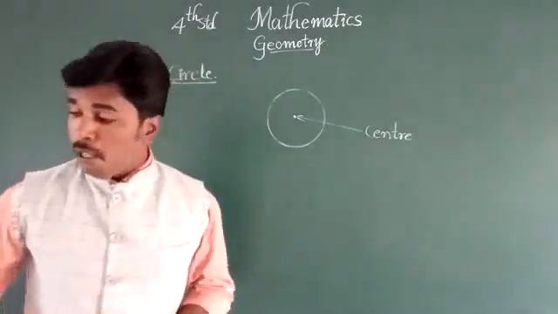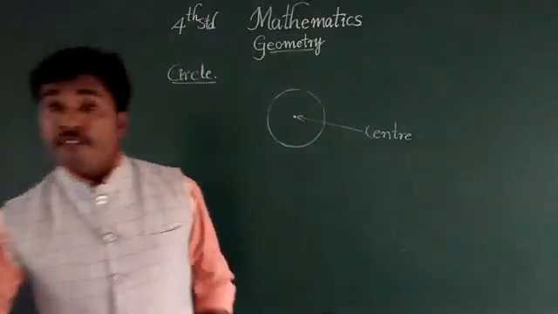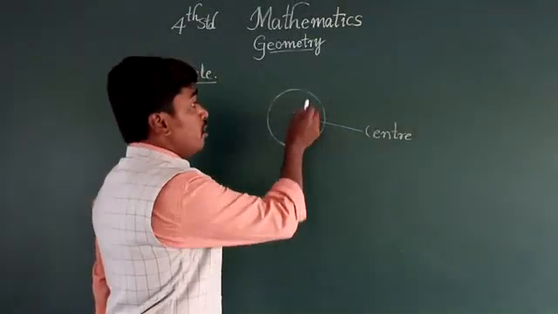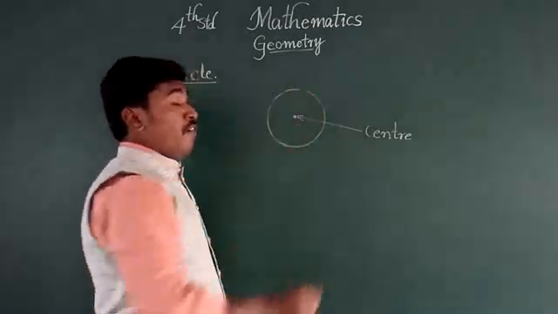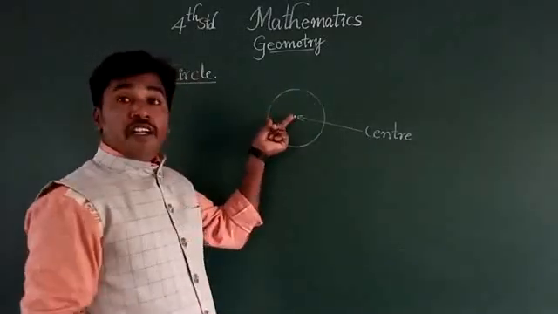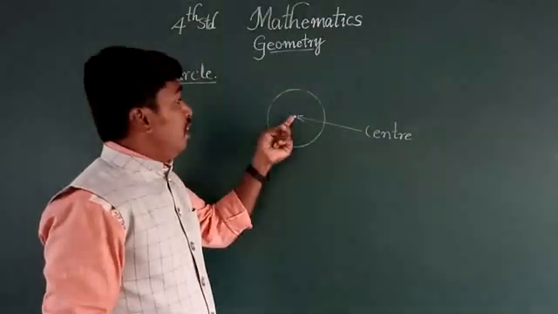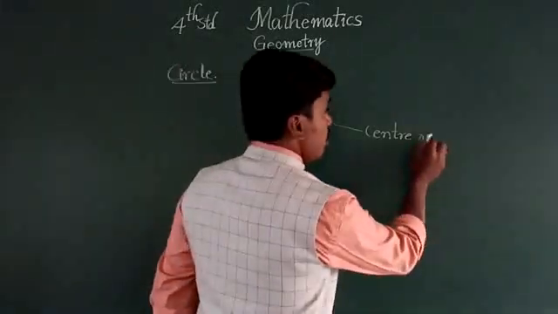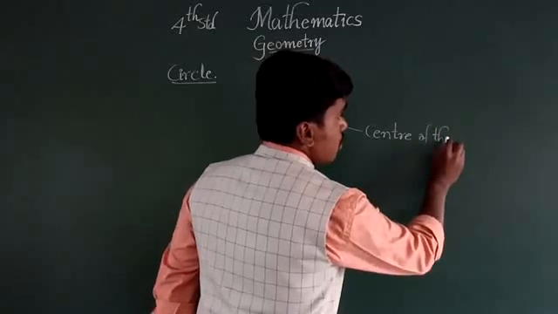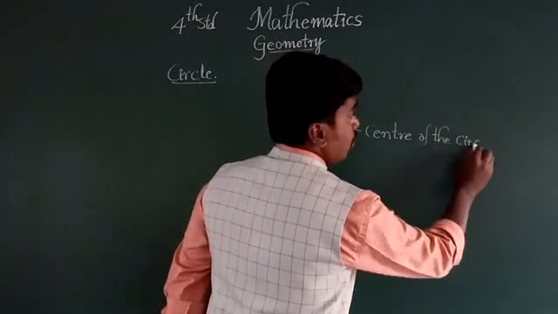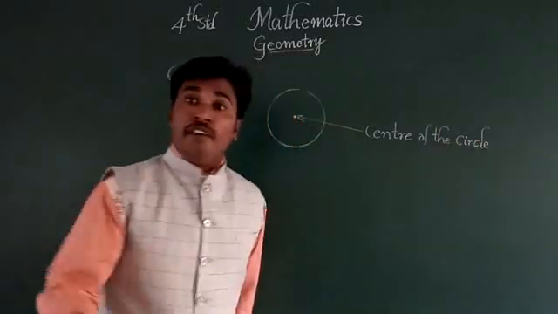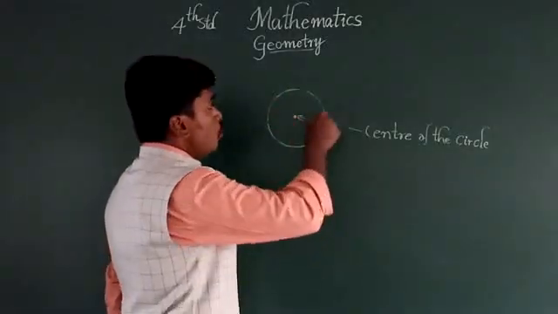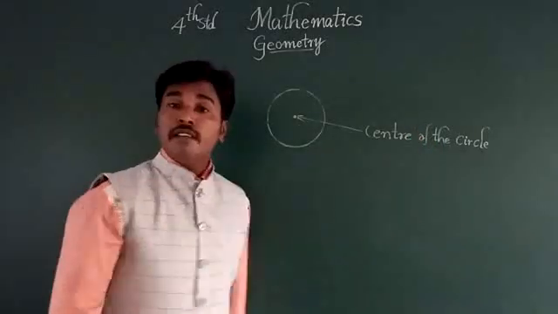Observe, dear children, the fixed point around which the circle moves for a definite amount of length, this point is called the center of the circle. The middle point around which the circle moves is called the center of the circle.